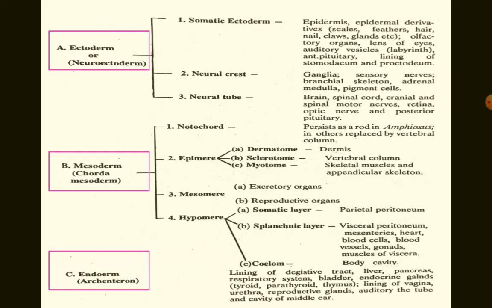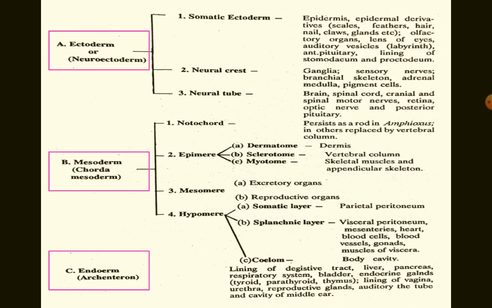Now this slide will give you an overall summary as to what these three germ layers will form in any organism. For example, ectoderm will give rise to somatic ectoderm, which in turn differentiates into epidermis or any kind of epidermal derivatives, which could be in the form of a scale, feather, hair, nail, or whatever. It gets differentiated into the olfactory organs, the lens of the eye, the auditory vesicles, lining of the stomodeum and the proctodeum.